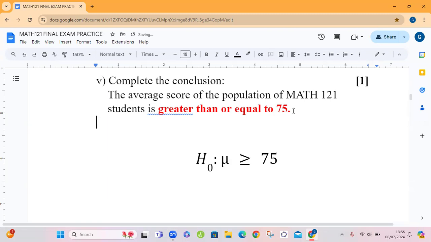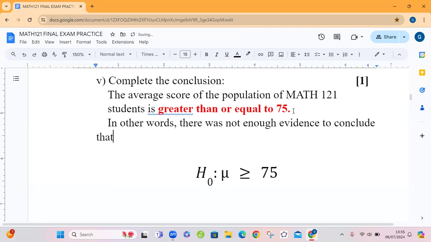Or you can say in other words, there was not enough evidence to conclude that the mean was less than 75%.